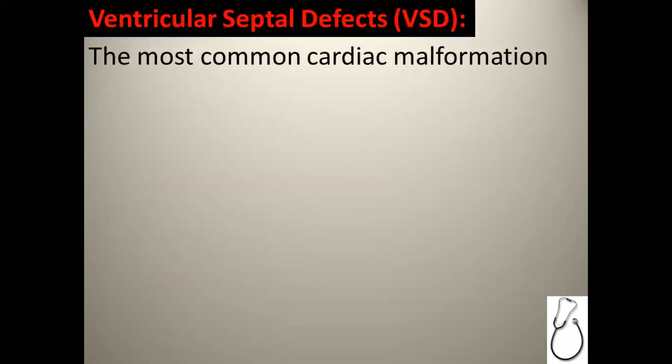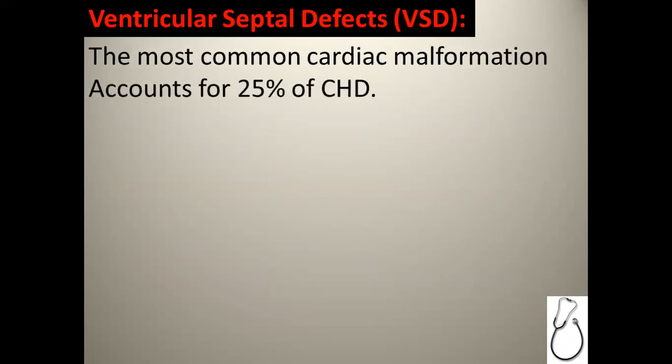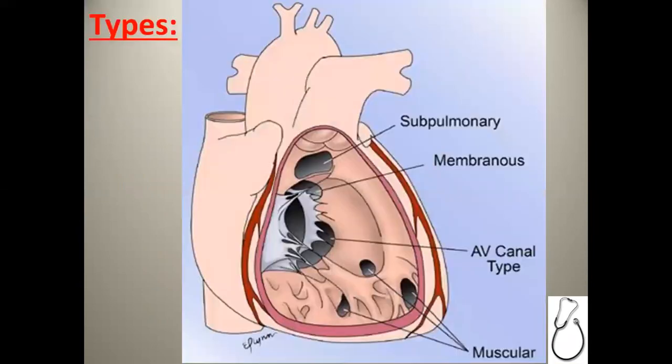Now I will discuss the second important one, ventricular septal defect, which is the most common cardiac malformation, accounting for about 25% of all congenital heart disease. Types: it occurs in 3 types. The first one is the membranous type.